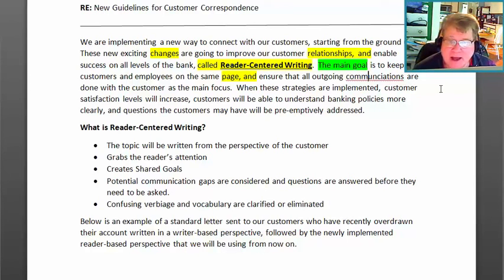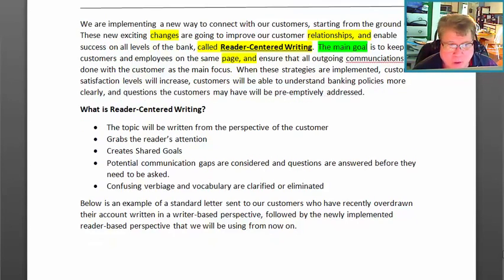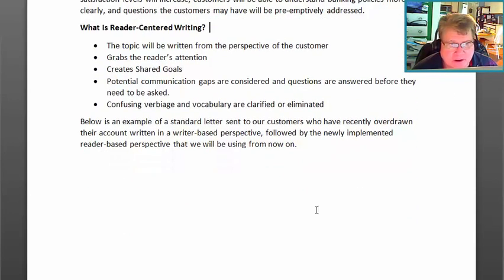Excellent. See how you have three items in series. One, comma, two, comma, then the and, three. Excellent. Okay, what is reader-centered writing? The topic will be written from the perspective of the customer.